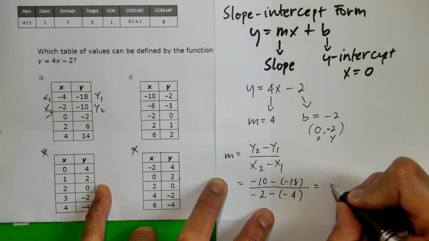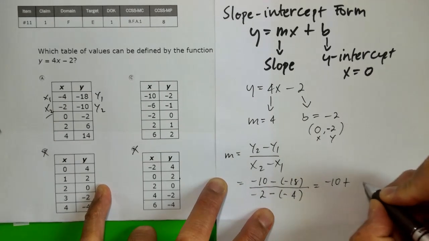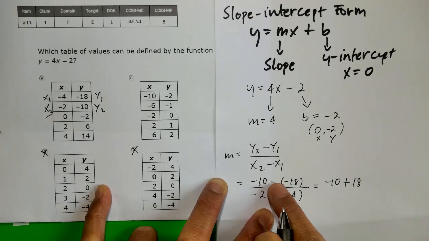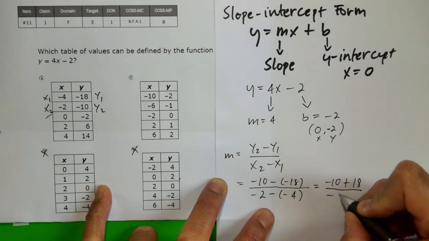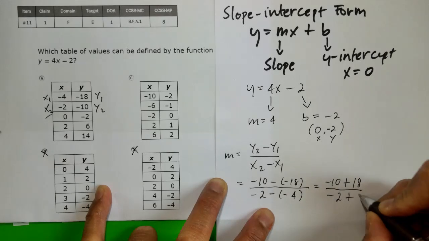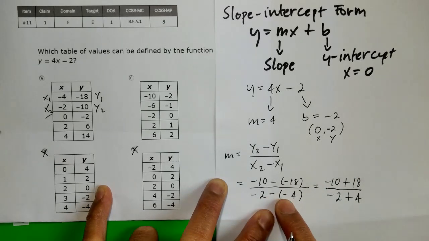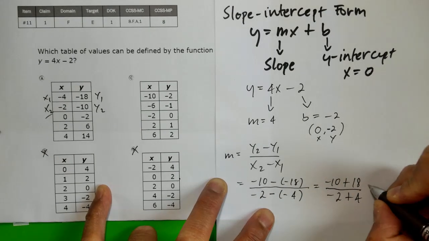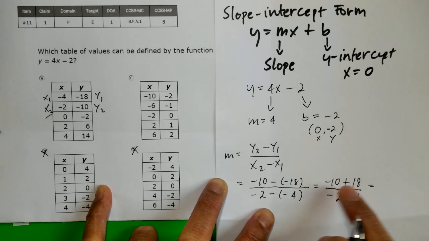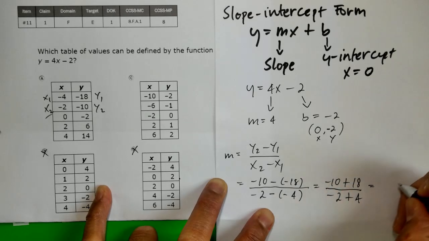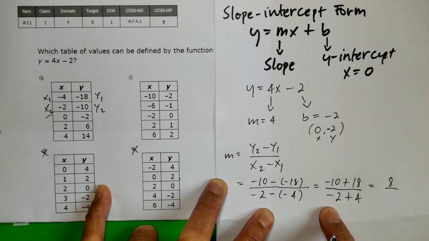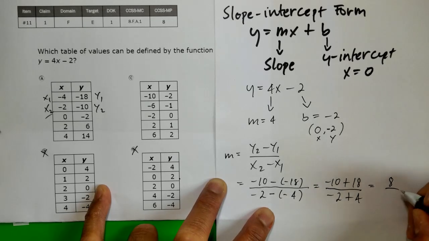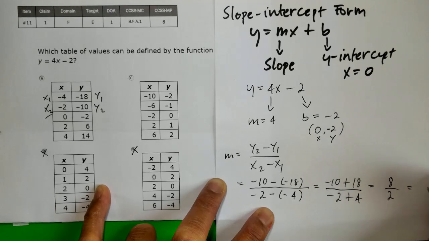This will become negative 10 plus 18, because negative times negative is positive, all over negative 2 plus 4. Same thing, negative times negative is positive. So negative 10 plus 18 is positive 8, and negative 2 plus 4 is equal to positive 2. So 8 divided by 2 is equal to 4.